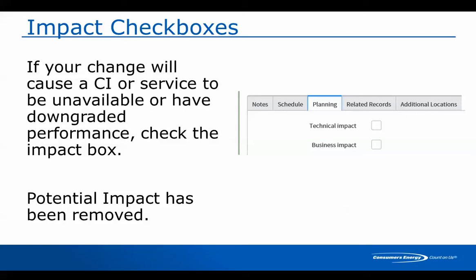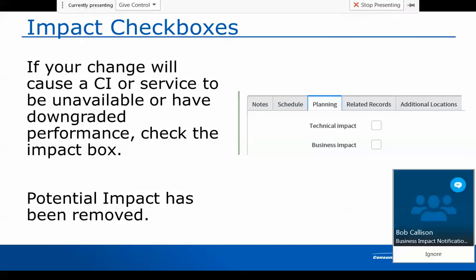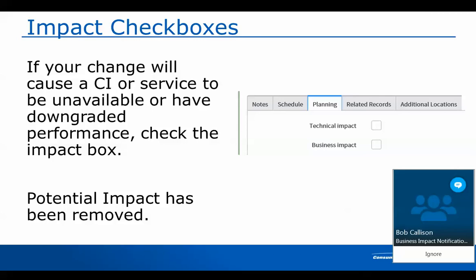So we're really only going to deal with where there's actually impact, whether the service is down, performance is degraded, error messages are popping up, whatever that happens to be. That's what we're going to use. So you'll either have technical impact, which is basically impacts IT only, or business impact, which actually impacts users.